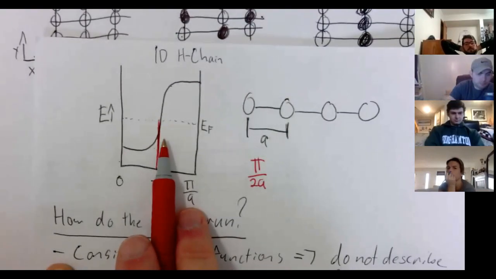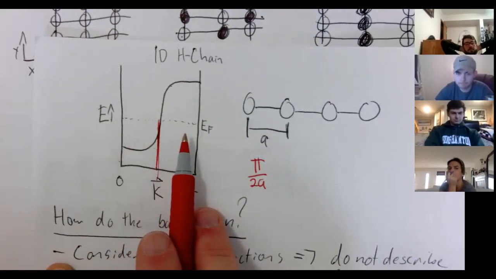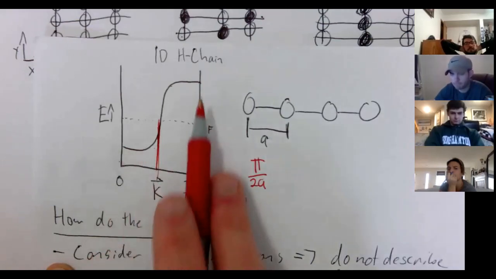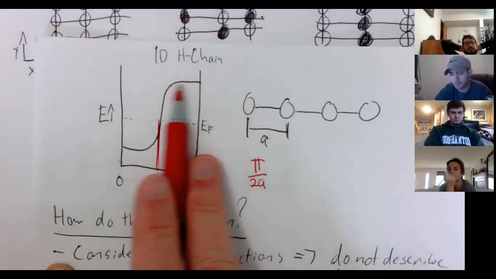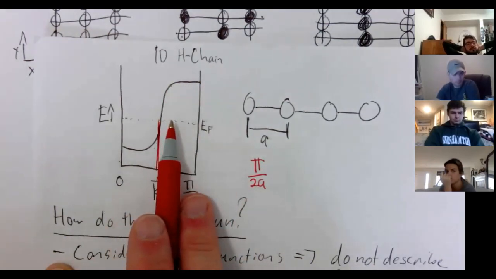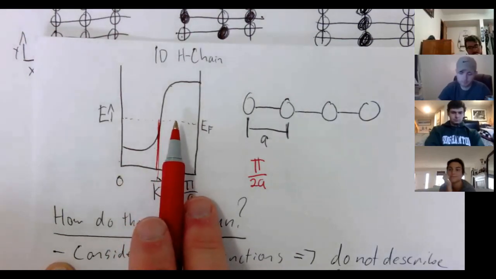Okay, so what do the Bloch functions look like at that point? We said that these guys are bonding, right? What about these guys? Anti-bonding. So what about here? Non-bonding. So really they have no contribution.